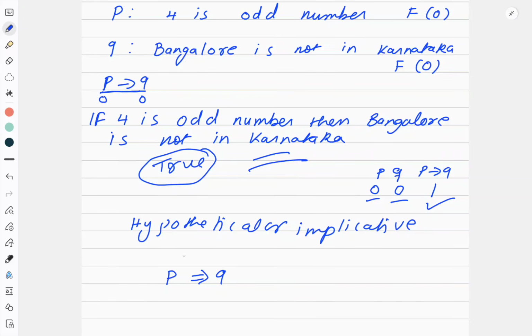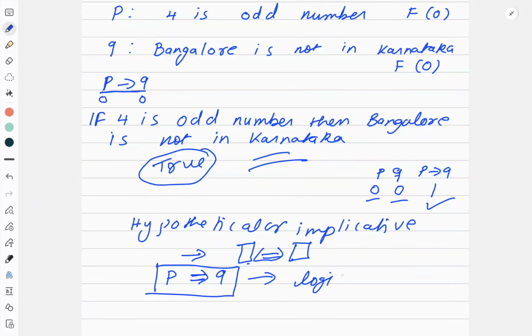So, this is different from conditional. This is a double line, and this was logically equivalent when two columns have the same truth values. Now, what is the meaning of this? This is logically equivalent. And it says that if Q is true, then P must be true.